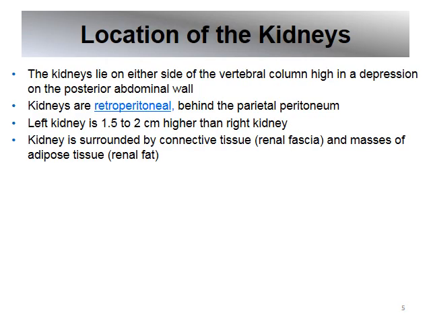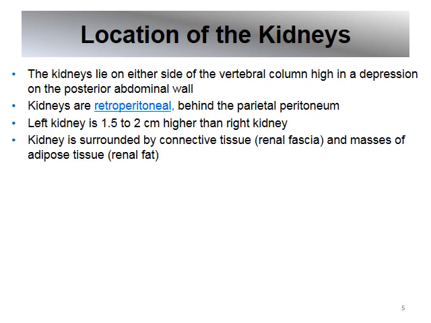So the location of the kidneys, they are going to be on either side of your vertebral column. They do have a slight depression on the posterior abdominal wall. We consider them to be retroperitoneal, which means that they are behind the peritoneum.